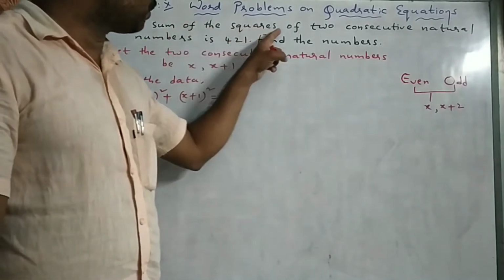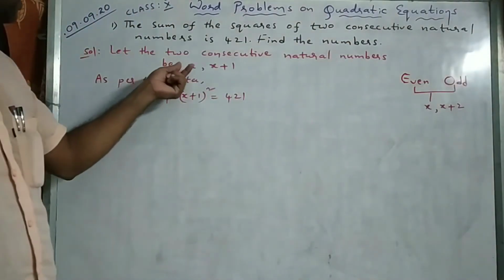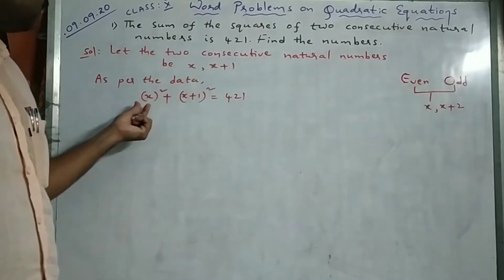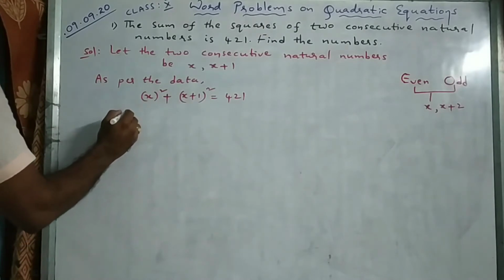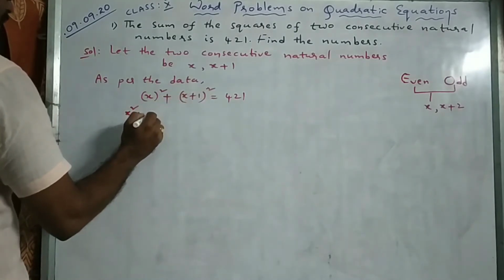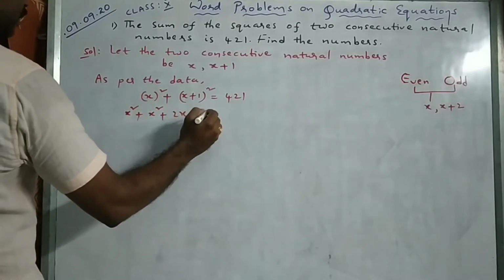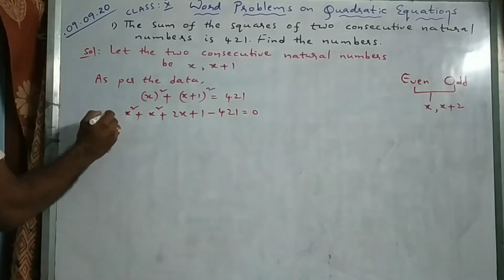What are the consecutive natural numbers? x and x plus 1. Squares means x square and x plus 1 whole square. So x square plus, it looks like a plus b whole square, a square plus 2ab plus b square, minus 421 equal to 0.